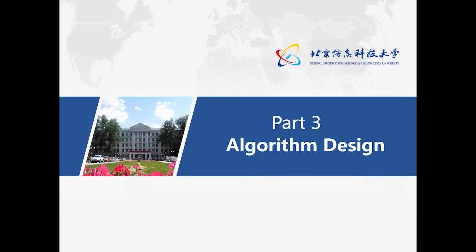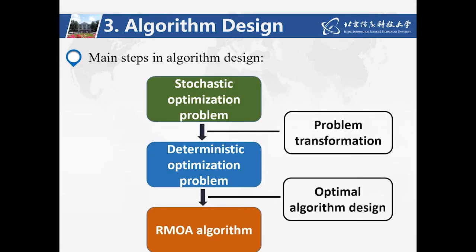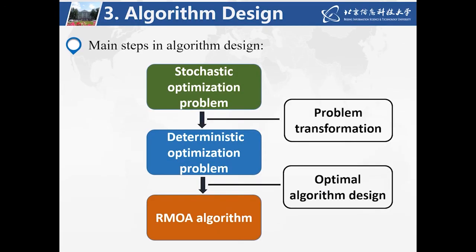In Part 3, we mainly talk about the algorithm design. First, we have introduced the VCG auction mechanism, and the strategy for determining the winner can be effectively solved by a homogeneous algorithm.